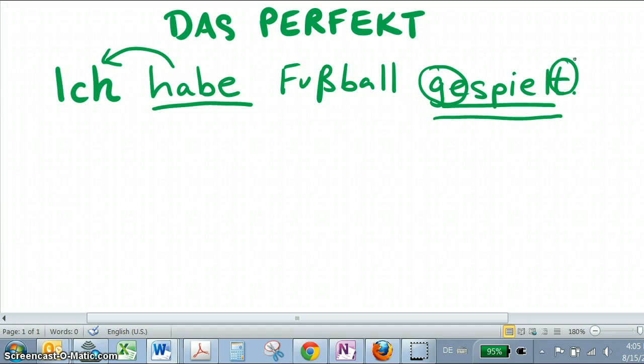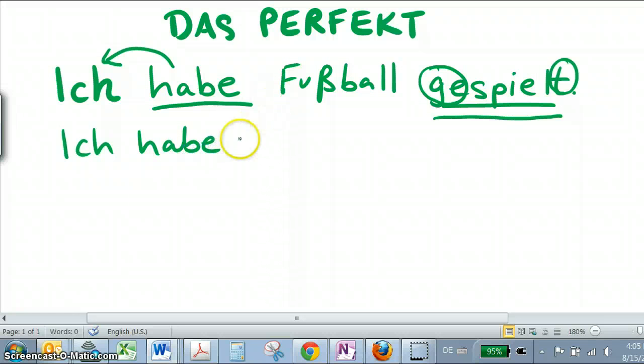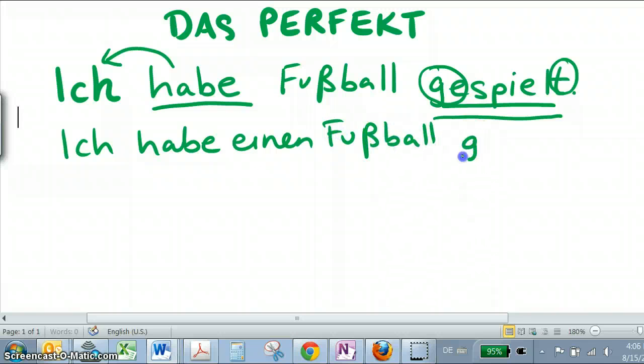Now, there are lots of irregular verb forms as well. That would look like this. Ich habe einen Fußball gefunden.